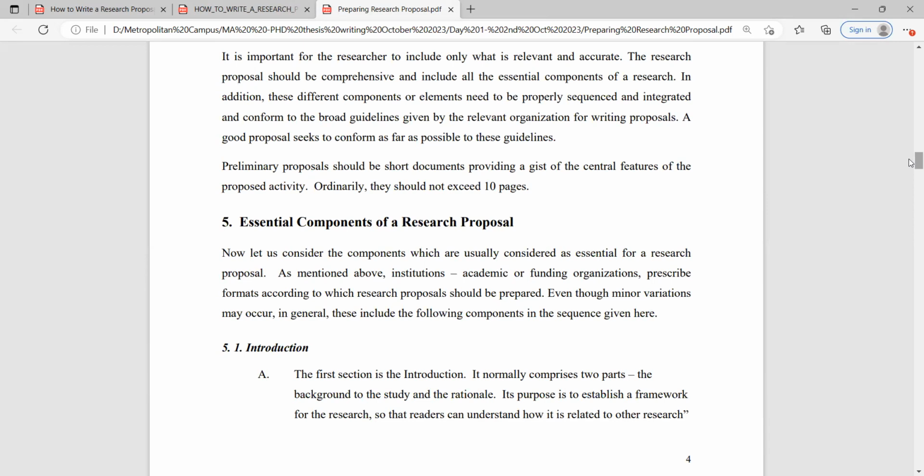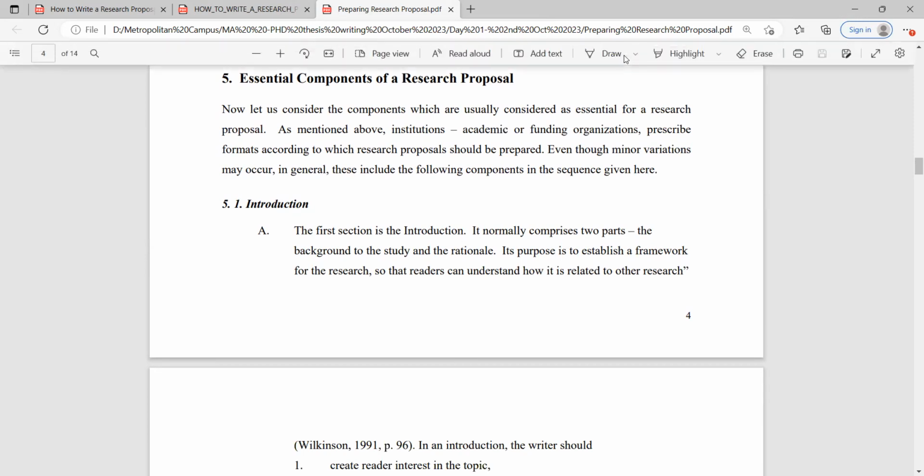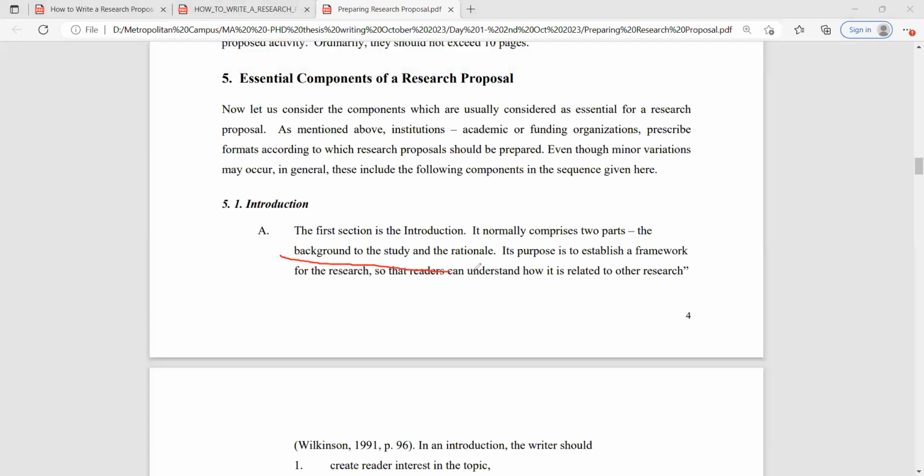So you have to have a proper introduction as the first section. In your introduction, it normally comprises two parts: the background of the study and the rationale. Rationale means, in other words, your justification. So you write your background of the study and the rationale, why you want to do this and why you have selected this topic. You have to give that as your introduction.